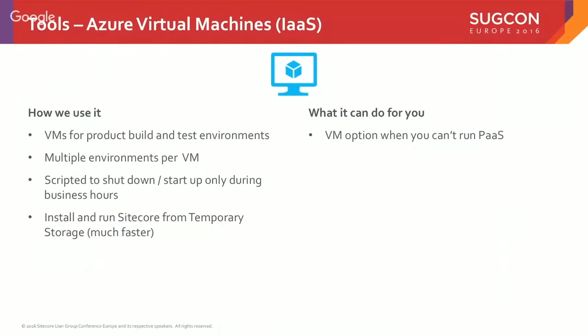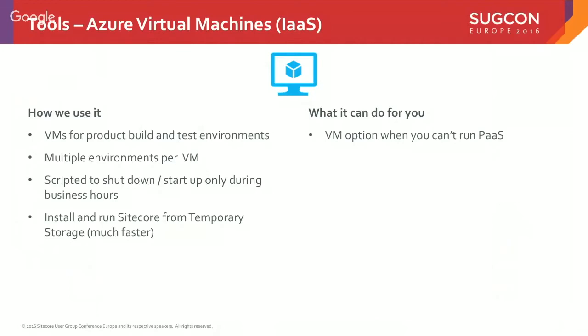We do all this on Azure VMs. Not a lot to say here, other than the fact that if you're using Azure for other things, it's obviously a nice VM option. You can't do PaaS. We do have some scripts that start up and shut down our VMs for us based on business hours. So the folks watching the bottom line like those savings.